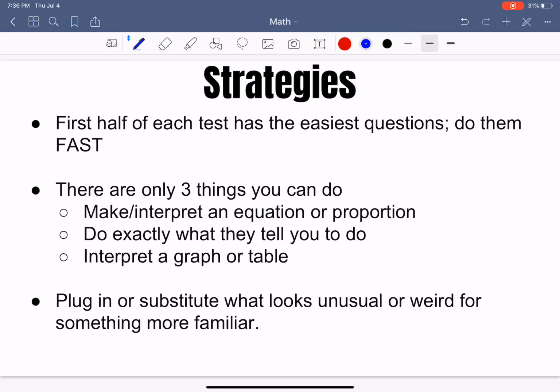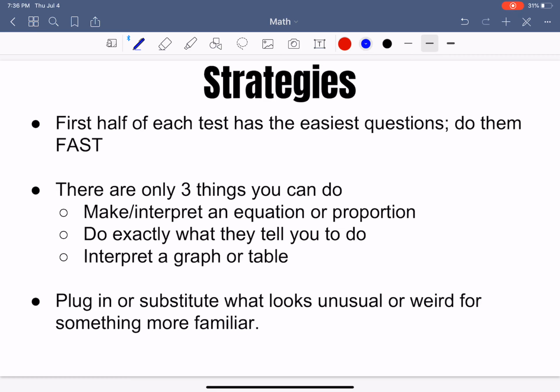So once you get to the actual test, remember, those are the easiest questions. Do them as fast as you can. Just write really fast, so once you get to the harder ones, you have more time to do those and think about them.